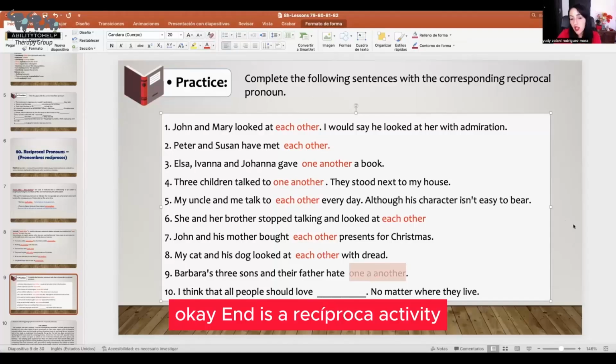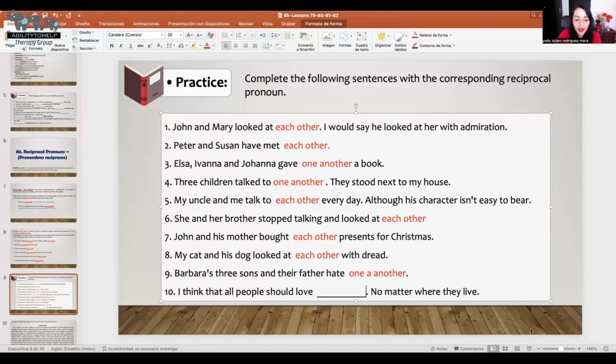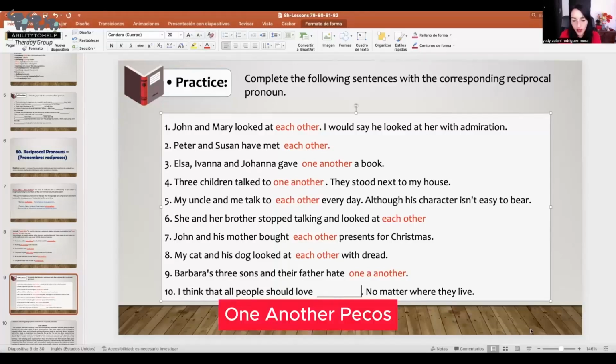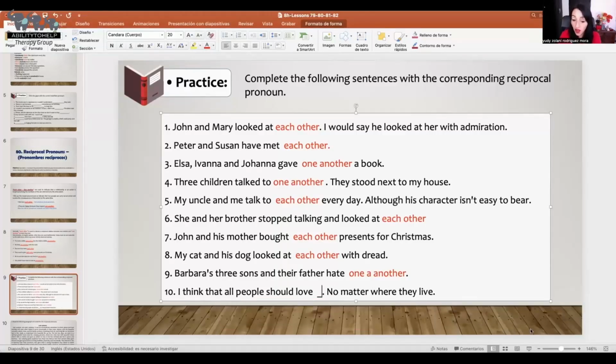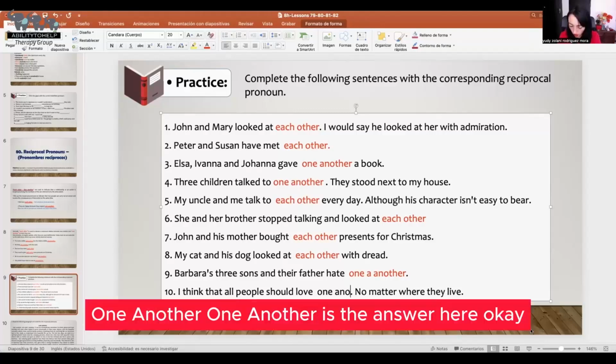Okay. And it's a reciprocal activity. So I think that all people should love one another because if I am talking about all people, they should, more than 2. So I have to write one another. One another is the answer here.